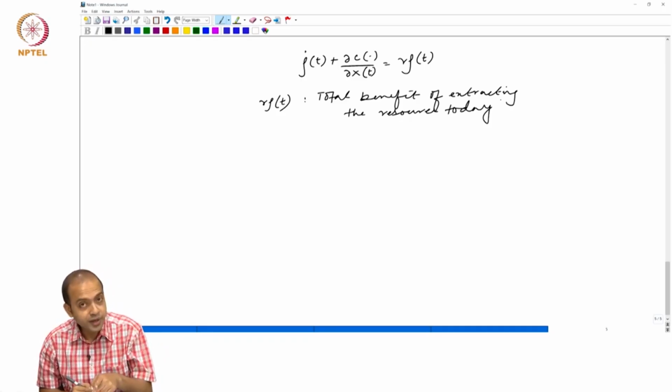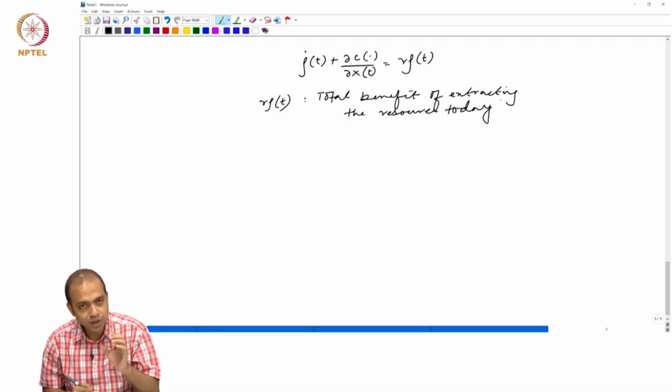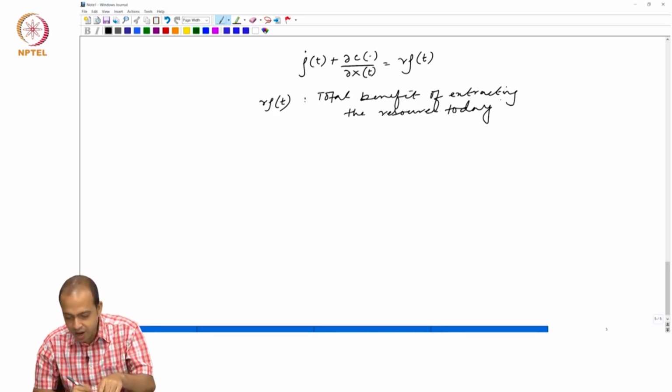How? Because if I extract the resource, rho T is the money I will get, I will keep it in the bank, and the bank will give me interest at the rate R. That is the reason R into rho T is basically the total benefit of extracting the resource today.